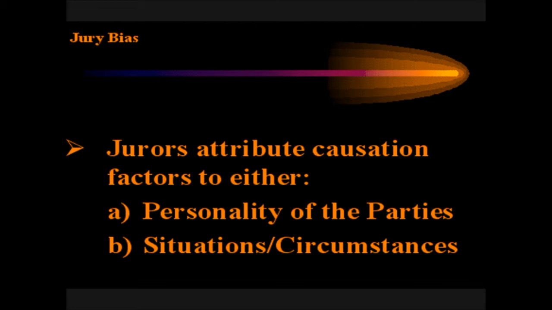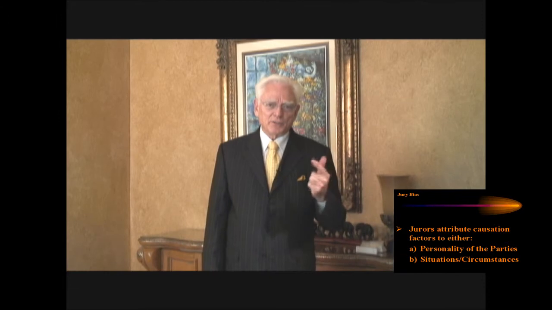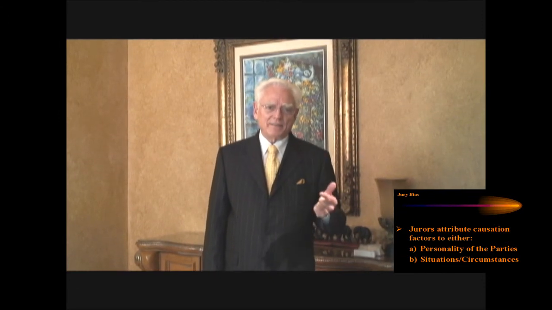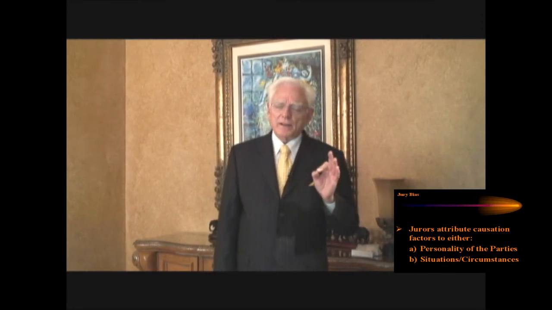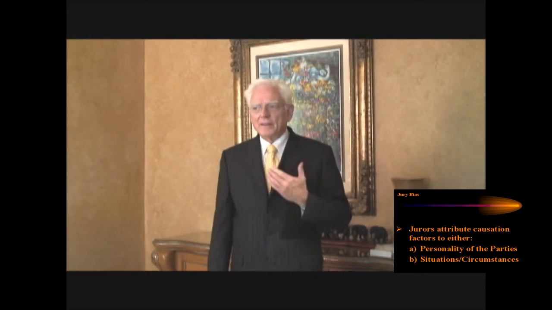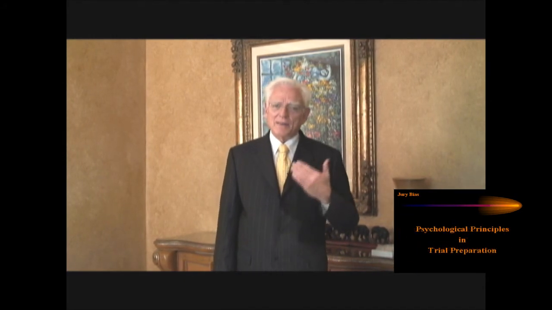Jurors attribute causation factors to either A, the personality of the parties, or B, the situations and circumstances surrounding the events. A very good friend of the trial bar, and he didn't mean it to be this way, he didn't write this for the trial bar, is a brilliant PhD from Stanford named Lee Ross.